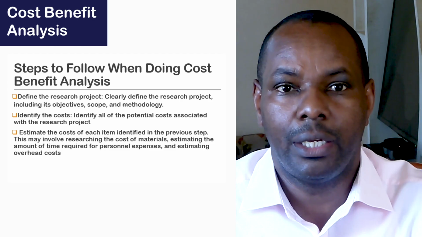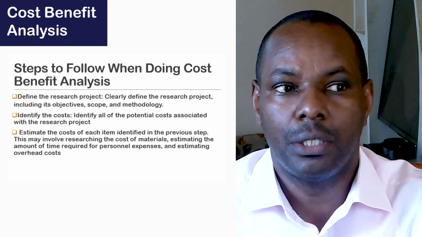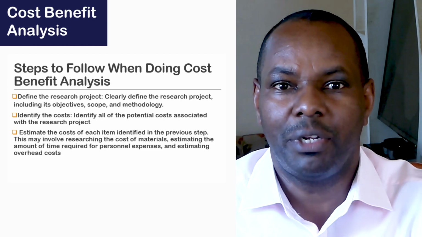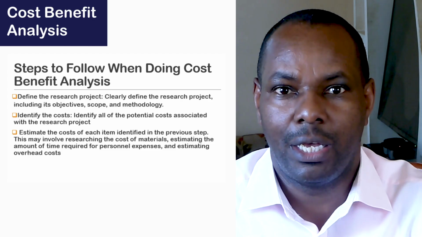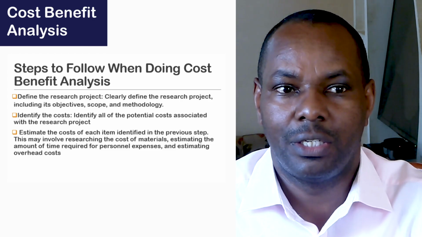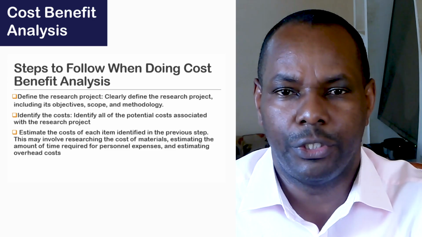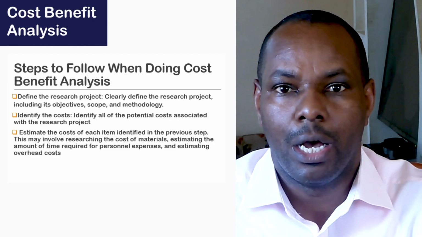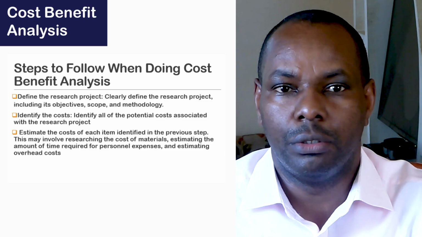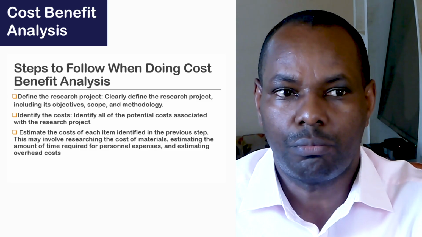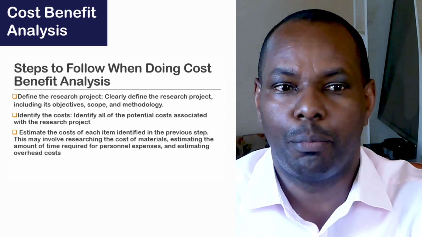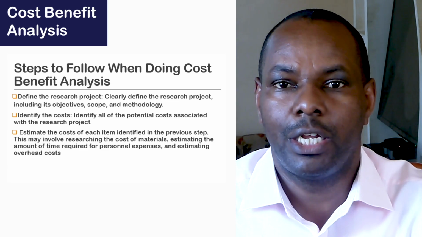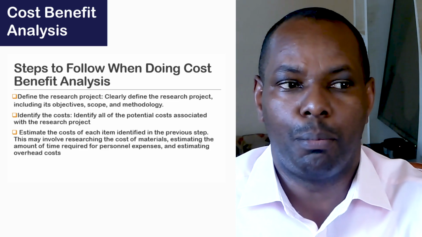You need to clearly define the research project, including determining the objective. What is the objective of your research, the scope, and the methodology that you're going to use. After you have done that, you need to identify the costs. You need to identify all the potential costs that are associated with that research project.